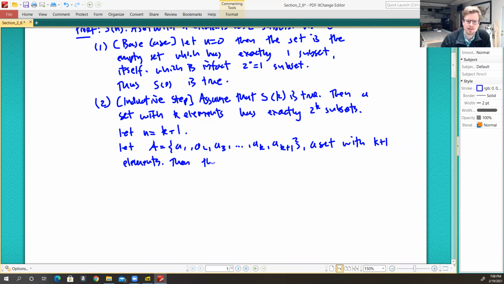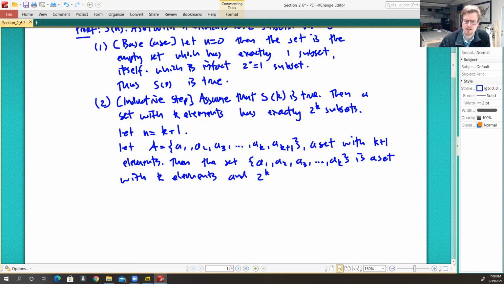Then if I consider the set just A1, A2, A3, all the way up to A sub k and end there, so if I take all of the elements except for this last one, then I have k elements. Then the set is a set with k elements and 2 to the k subsets.